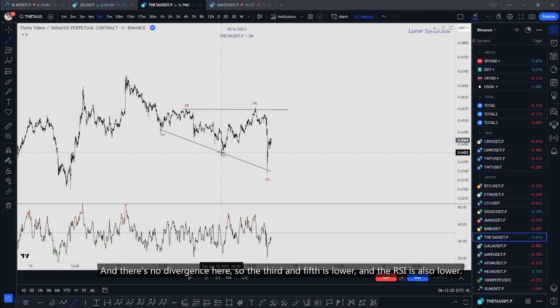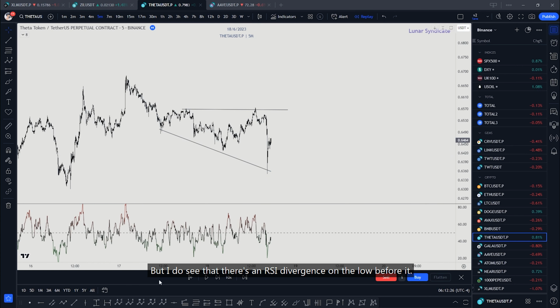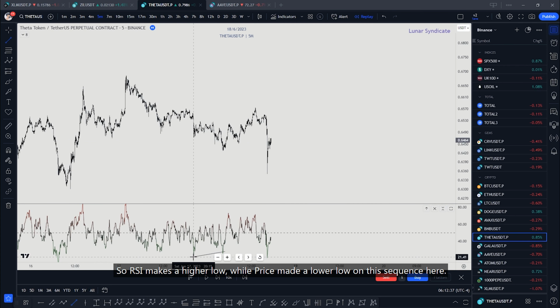And there's no divergence here, so the third and fifth is lower and the RSI is also lower. But I do see that there's an RSI divergence on the low before it. RSI makes a higher low, while price made a lower low on this sequence here.